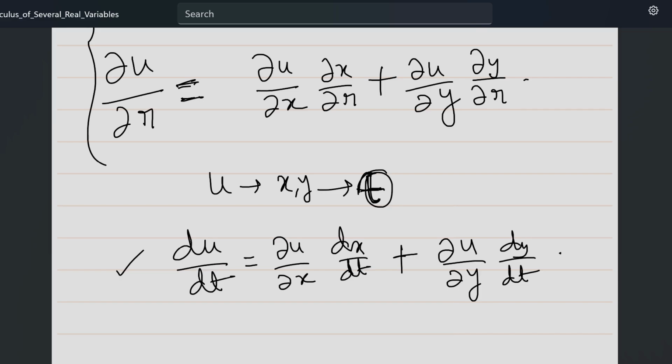This chain rule is very important in solving many problems in calculus of several variables. I told you, please watch SAT's video or my tutorial classes also. How to find the equation of a surface, or suppose z equals something like xy plus log x, something is given.